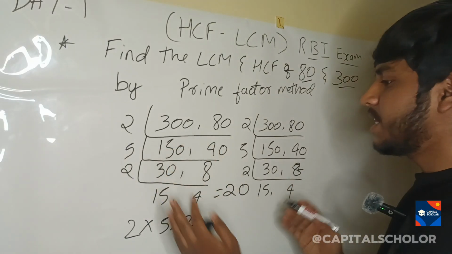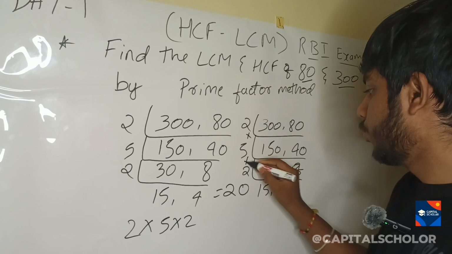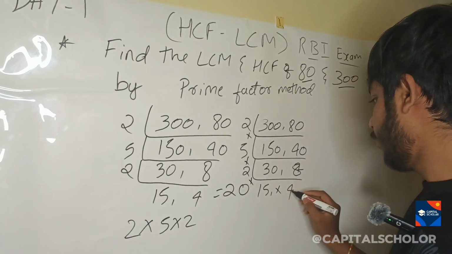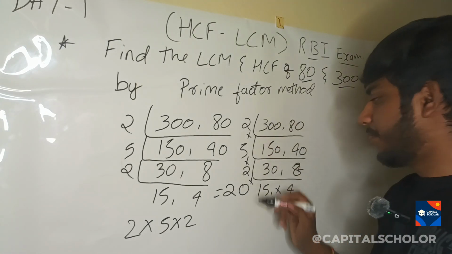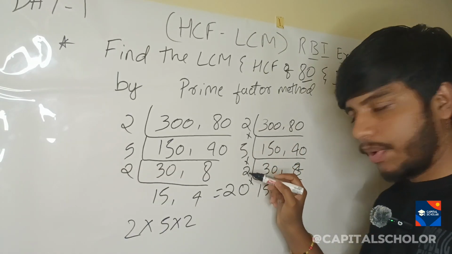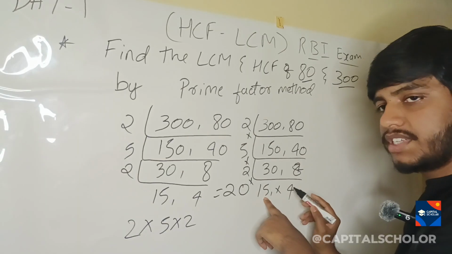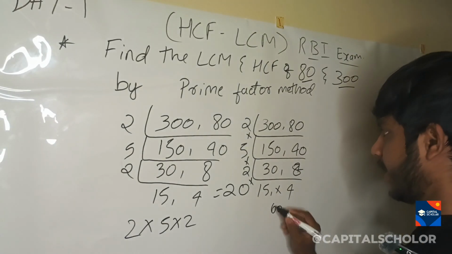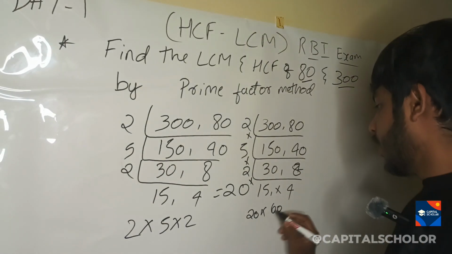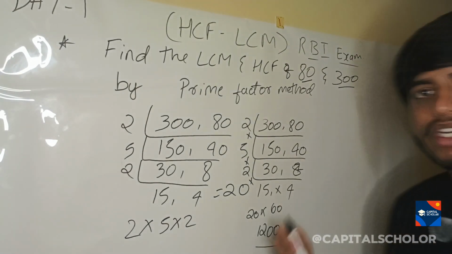Now in LCM we can't do like that. We will multiply 2 into 2 into 5 into 15 into 4. 5 twos are 10, 10 twos are 20, 20 times 15 is 300, and 300 times 4 is 1200. So the LCM will be 1200.